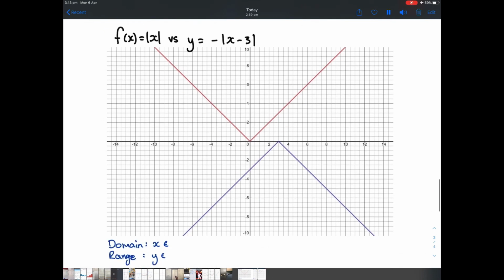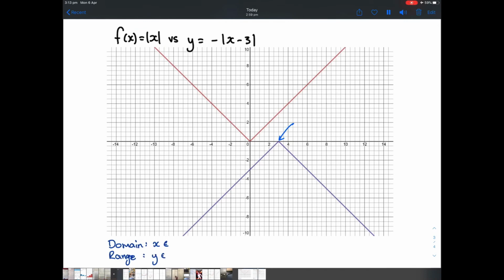Again, now looking at something where we've got y is equal to the negative of the absolute value of x minus 3. I think the main thing to focus on to begin with is where is that sharp point.